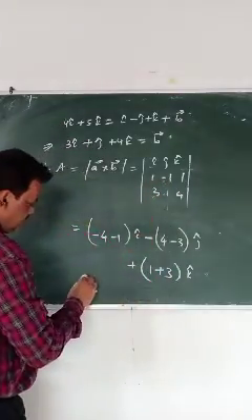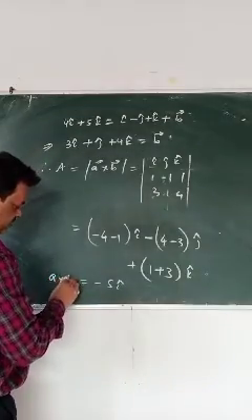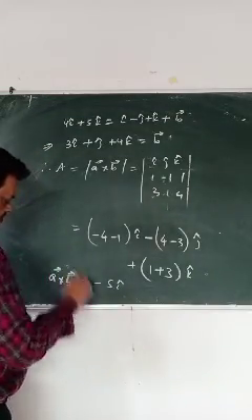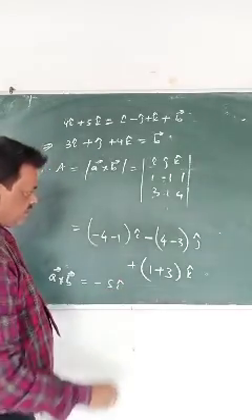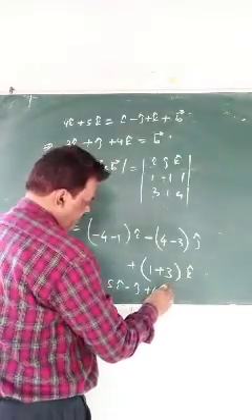So how much is it? Minus 5I, this is your A cross B: minus 5I minus J plus 4K.